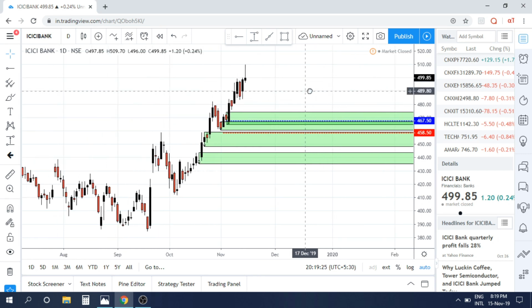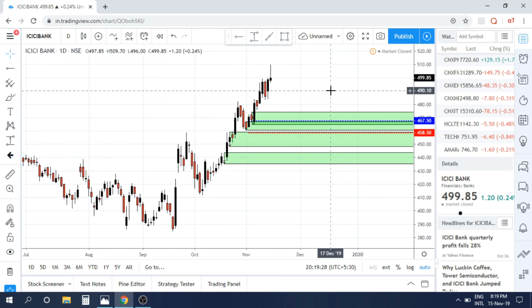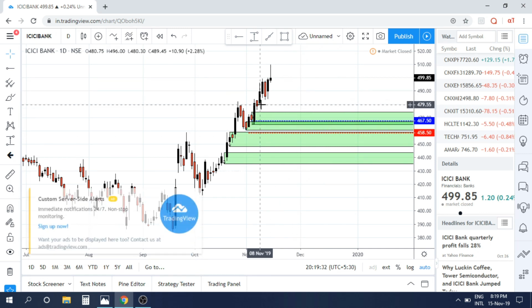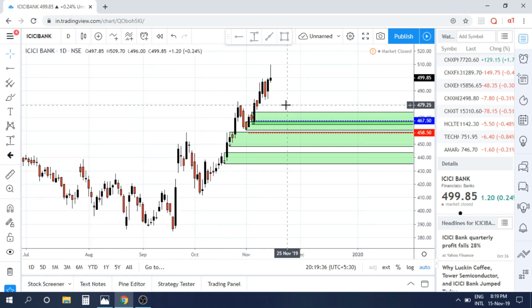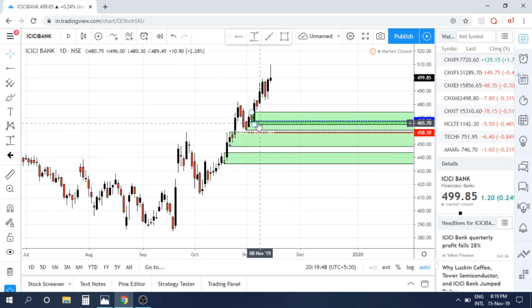So I hope you got this, or let me just repeat what I said right now. So if, let's say, prices now came towards the stack zone and I have kept my entry and stop loss the way I have drawn right now, that is at the start of the second among the stack zones, right? This one, not this one.